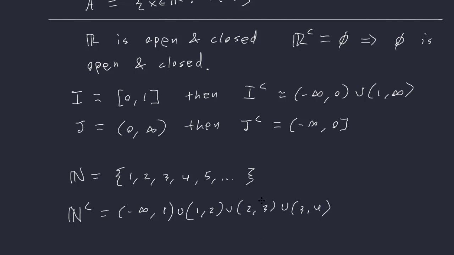So essentially, if N does 1, 2, 3, 4, on and on, then N complement is all these open intervals in between. And as we proved in one of the earlier videos, the countable union of open sets is open. So N complement is open, therefore N must be closed.